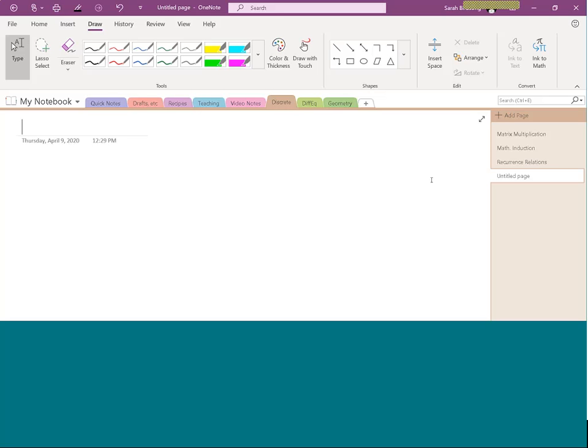Suppose you have the sequence 2, 5, 8, 11, 14, and so forth. Anybody notice a pattern with that particular sequence? What does it look like you're doing to get the next term?